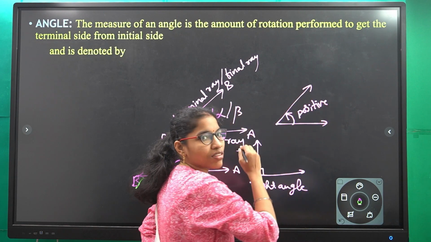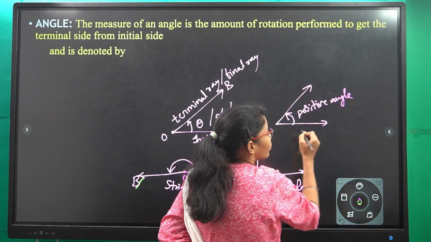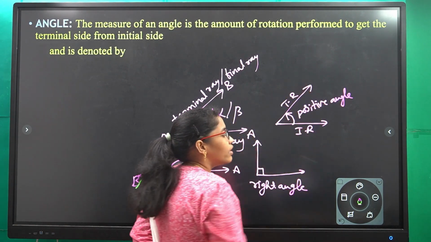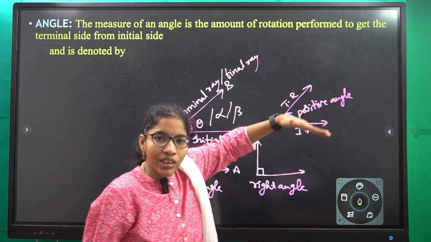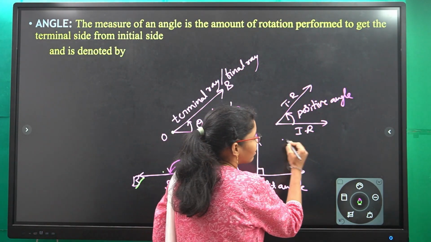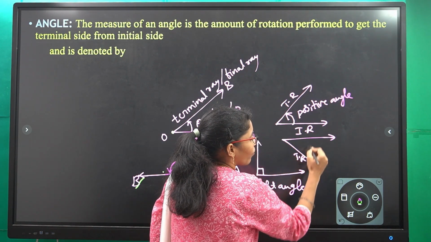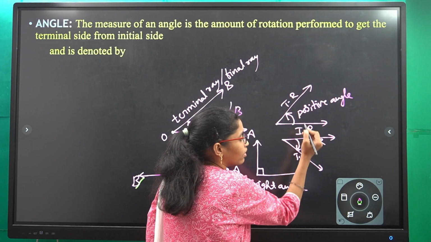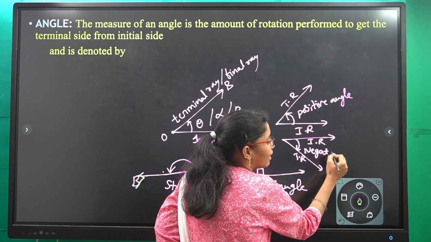If the measurement from the initial ray to the terminal ray is in the clockwise direction, like this, then you can call it a negative angle. Clear?